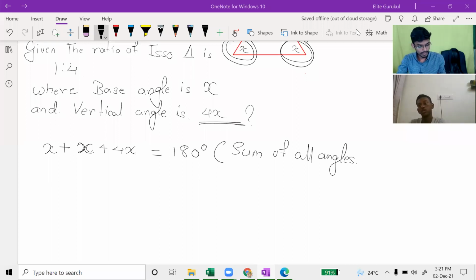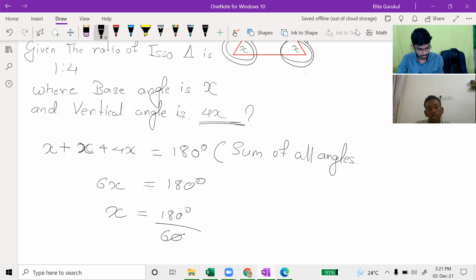If you add this, it will become 6x. It is equal to 180 degrees. Then x is equal to 180 degrees divided by 6. The 0 will get cancelled. So x will be 30 degrees. Sorry, it is 6, na beta? Yes. It means that you are active today. So it will become 30 degrees.